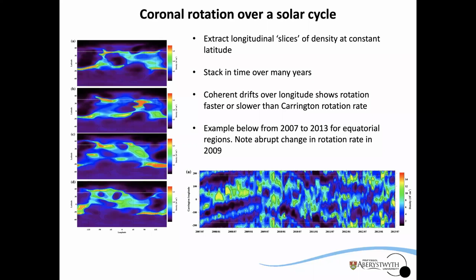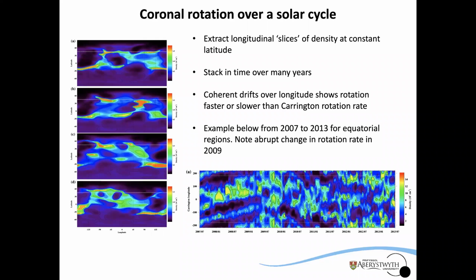Then in 2009, possibly the start of the ascending phase towards solar maximum, we see a very abrupt change where the streamers have a negative gradient, which means they are now rotating slower than the Carrington rate.